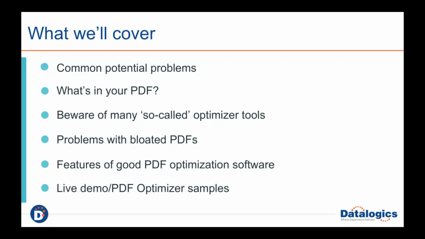In general, we'll talk about what features you should be looking for in good quality PDF optimization software. And we'll also have a brief demonstration of PDF Optimizer, what it looks like, how to use it.